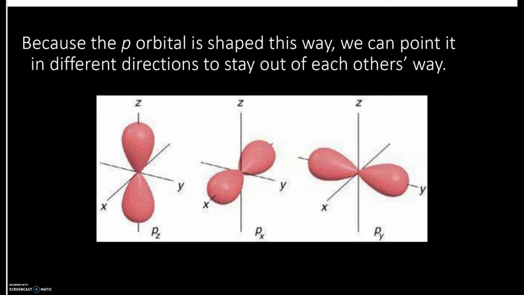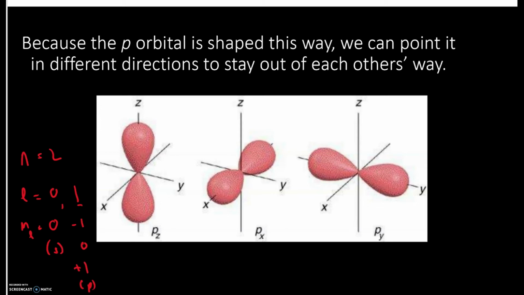Remember that when energy level n equals 2, L equals 0 or 1, and there's only one possible orbital for the L equals 0. That's our s. But there are 3 possible values for m sub L when L is 1, and these are going to be our p's.